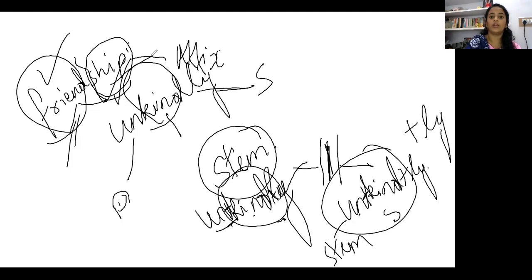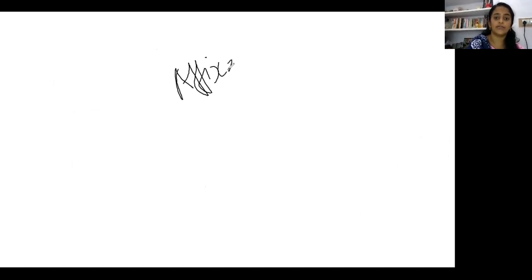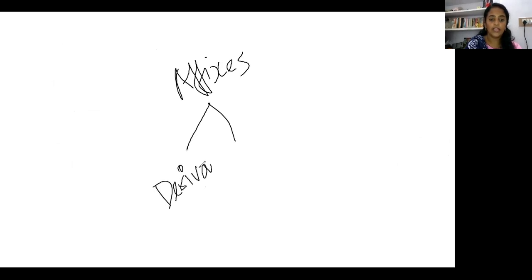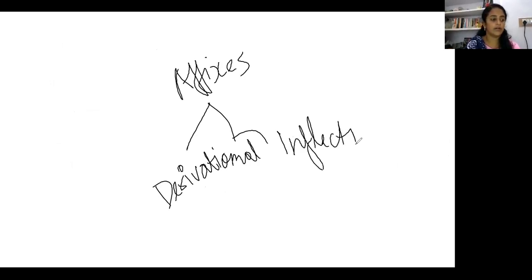Another very, very small thing that we need to discuss in terms of morphemes is that within affixes, we have two categories. When we study affixes, there are two categories, and they are derivational or inflectional. All affixes may be inflectional or derivational.